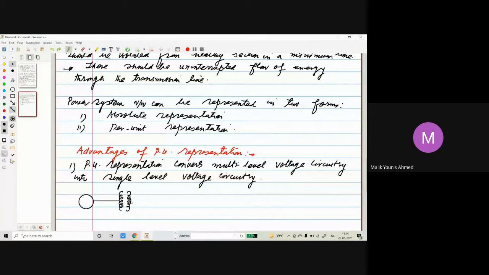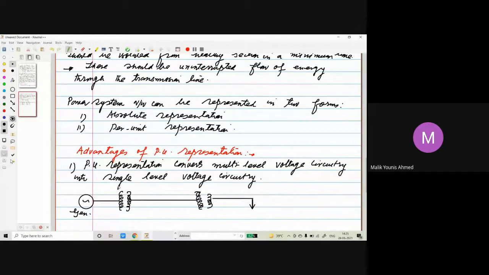This is a transformer. Again, another transformer. Then this is a load. So let's say this is a generator.